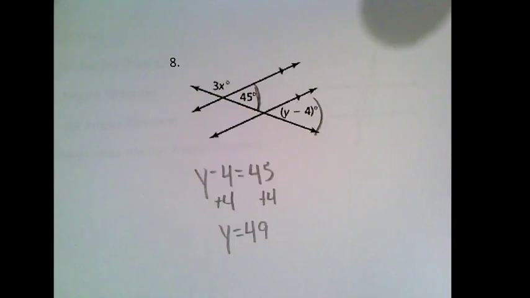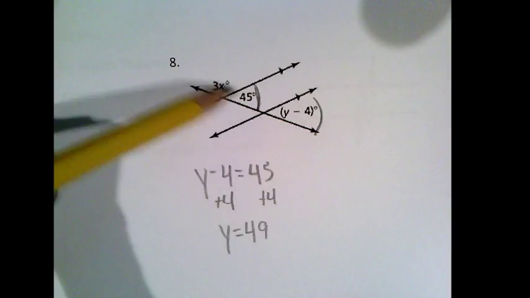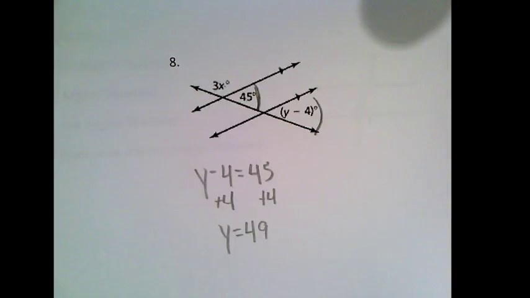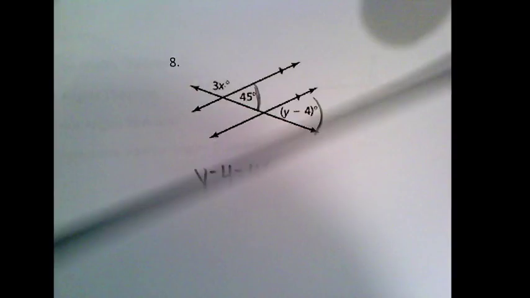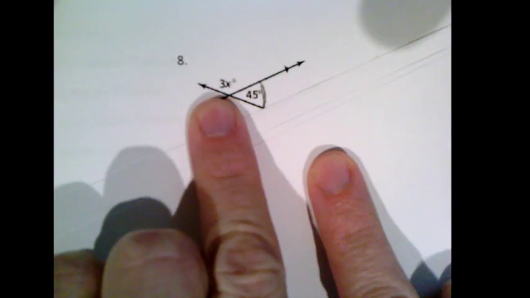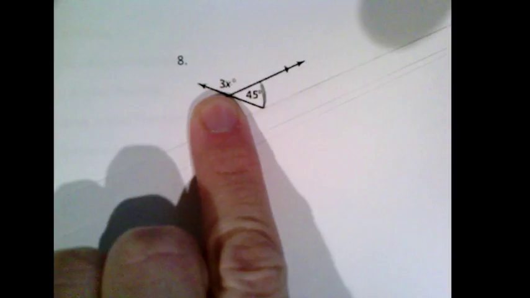Not getting much of an answer here. So what I can do with the x is if I look at these, they're a linear pair. They're side by side. So if I cover stuff up, if I cover that up, what does that make?